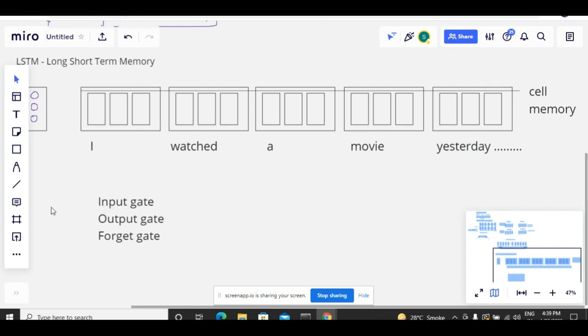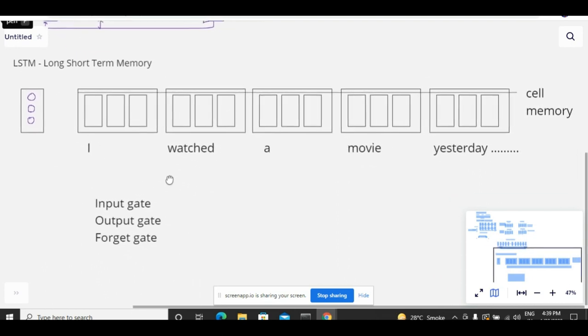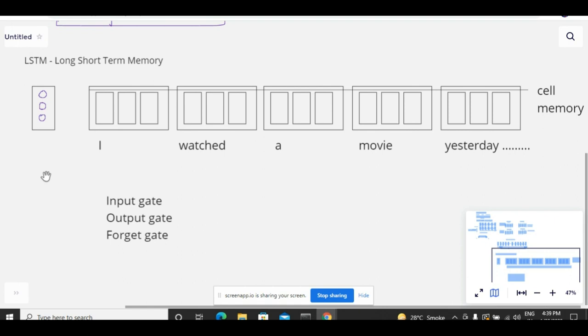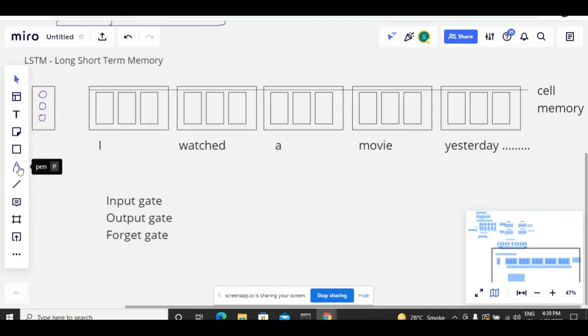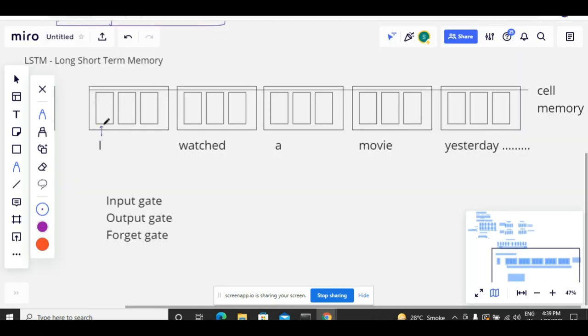Now, the role of the input gate. This input gate will input the token. So the first token is I. This will be going as an input to the first gate, and this input gate will decide whether this token is important or not.